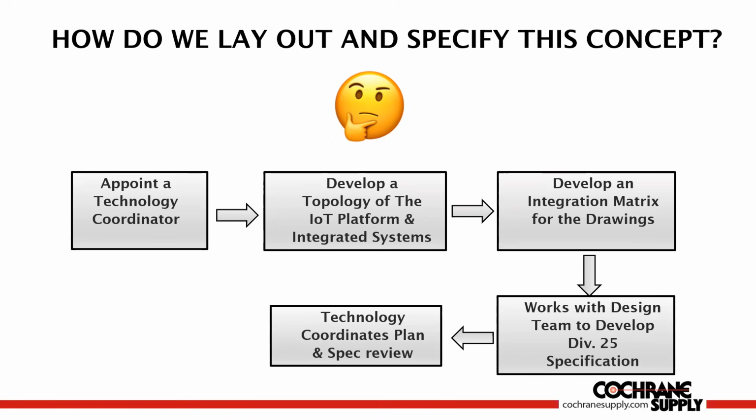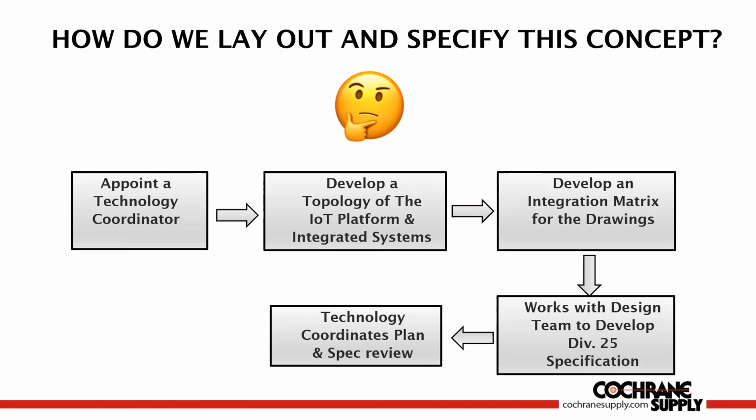One of the next things I would do is develop a topology of the IoT platform or the systems being integrated on a project. So we're thinking on a project basis right now. I would develop a topology, a systems integration drawing, so I would know exactly what's being integrated. Then I would develop an integration matrix that would go on that systems integration drawing.